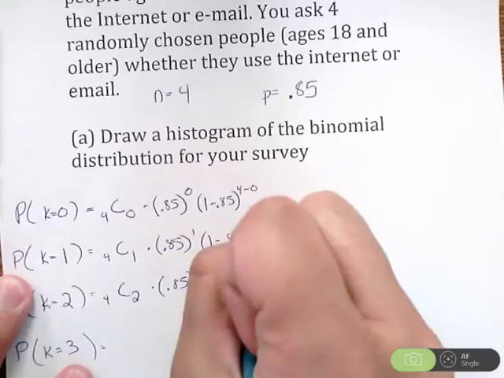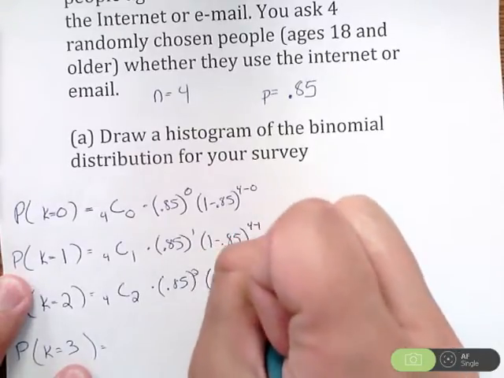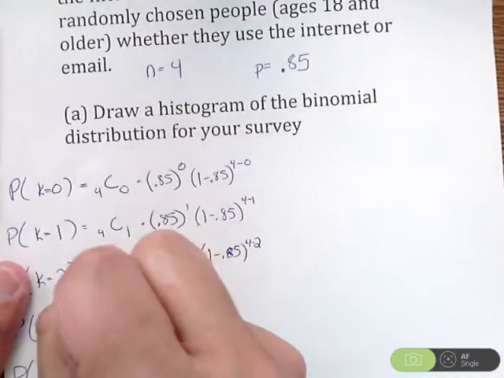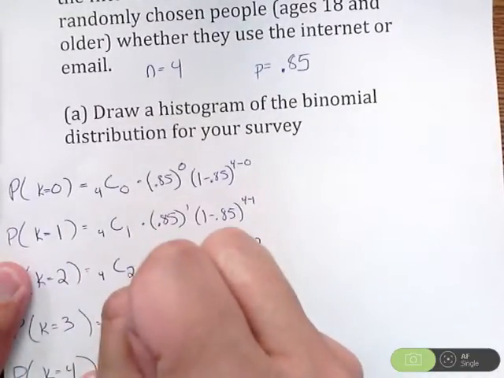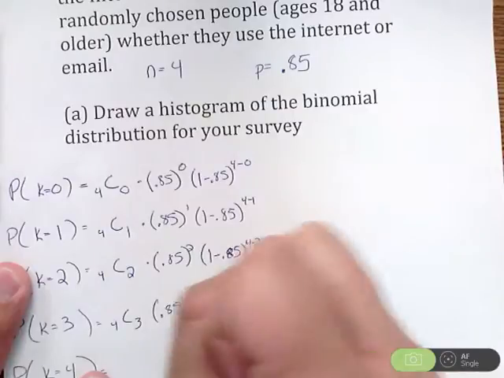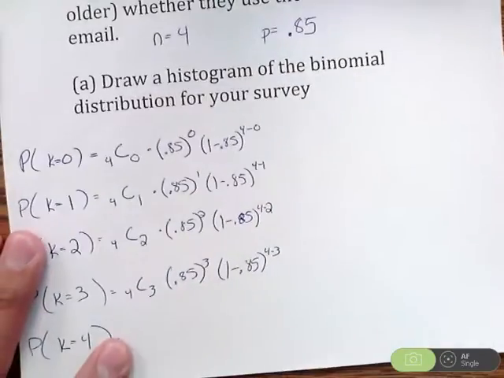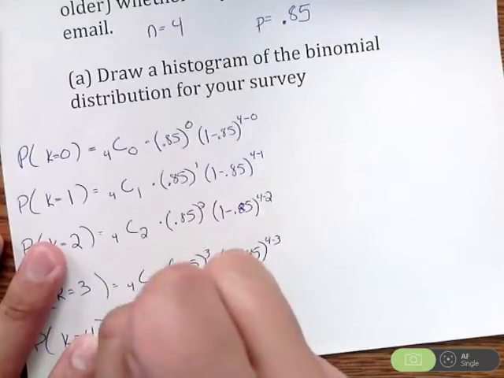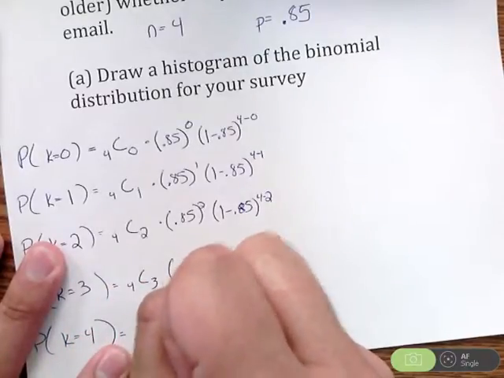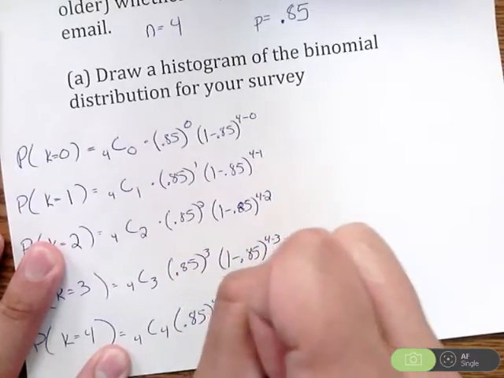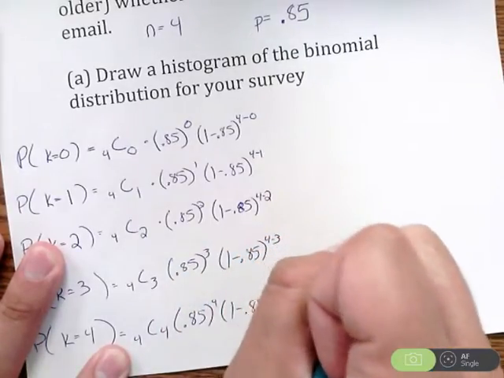So 1 minus 0.85, 4 minus 2. 4 choose 3, 0.85^3, 1 minus 0.85, 4 minus 3. 4 choose 4, 0.85^4, 1 minus 0.85, 4 minus 4.